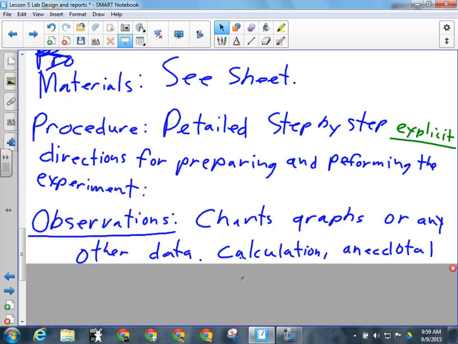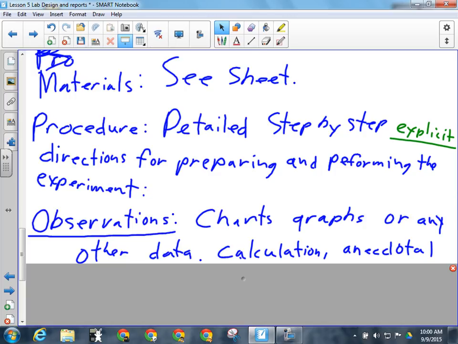Then you're going to have observations, your data. And the data is going to contain graphs, charts, pictures, if it's that kind of a lab. When you're doing a plant growth lab, you may very well take pictures of the plant every day or every week or whatever it happens to be, as well as making quantitative observations. That would be your measurements that are actually numbers.